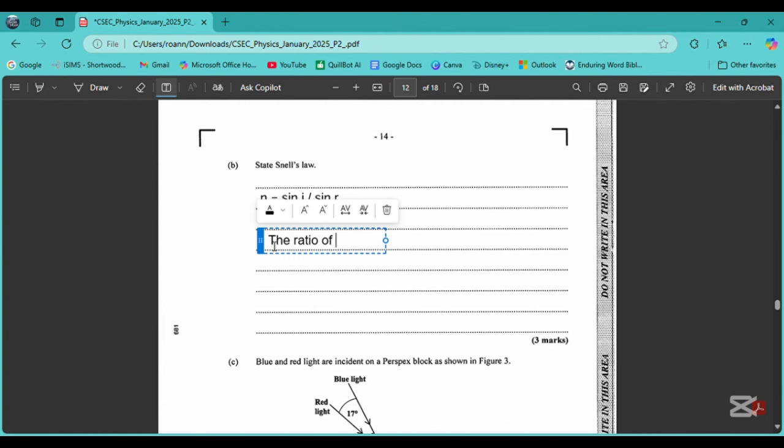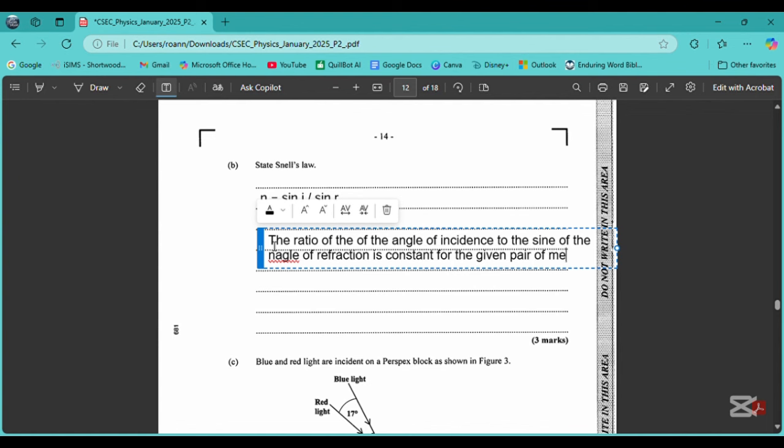And to put that in words, it says the ratio of the sine of the angle of incidence to the sine of the angle of refraction is constant for the given pair of media.